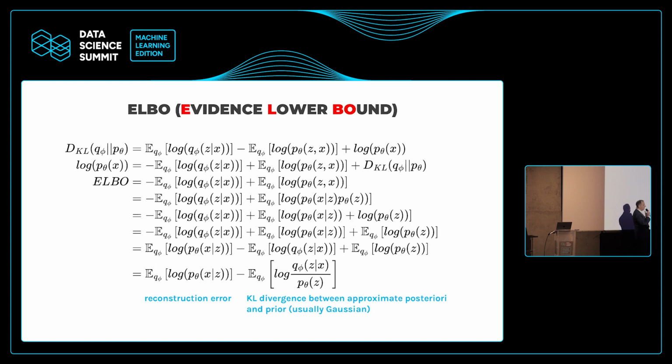And it turns out that all we need to do to let the variational autoencoder do what we need is to calculate the reconstruction error between the generated image and the one that was given as an input, and the Kullback-Leibler divergence between the approximate posterior and the prior, where the prior is usually Gaussian, because we want to put all these images into this circle, a multidimensional circle, to get all things out there.